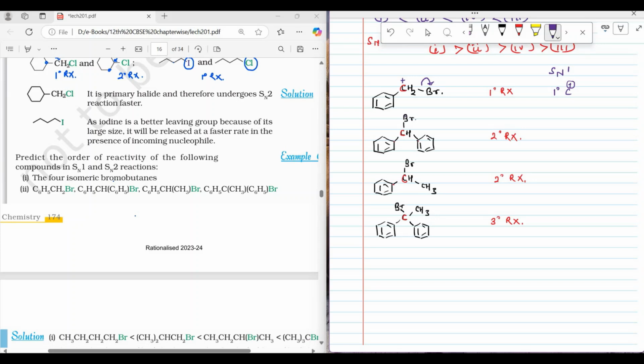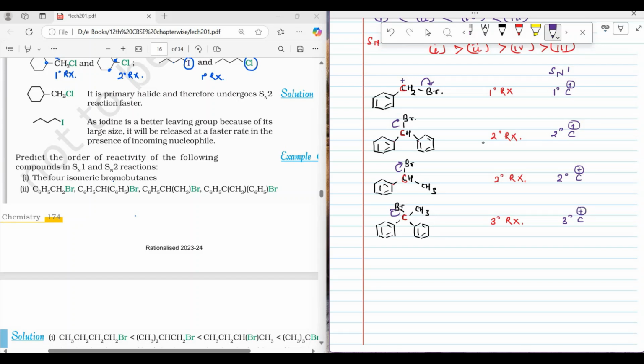And this primary carbocation will get electron density from the benzene ring. In the second structure, this results in the formation of secondary carbocation. So here it will form secondary carbocation. In the third structure, when Br leaves the molecule in the form of Br negative, it results in the formation of secondary carbocation. And in the fourth, it results in the formation of tertiary carbocation.